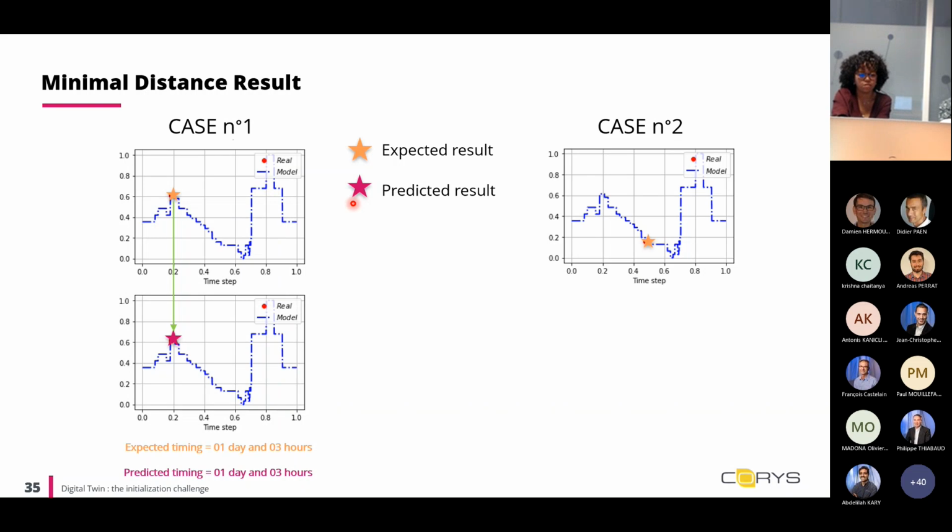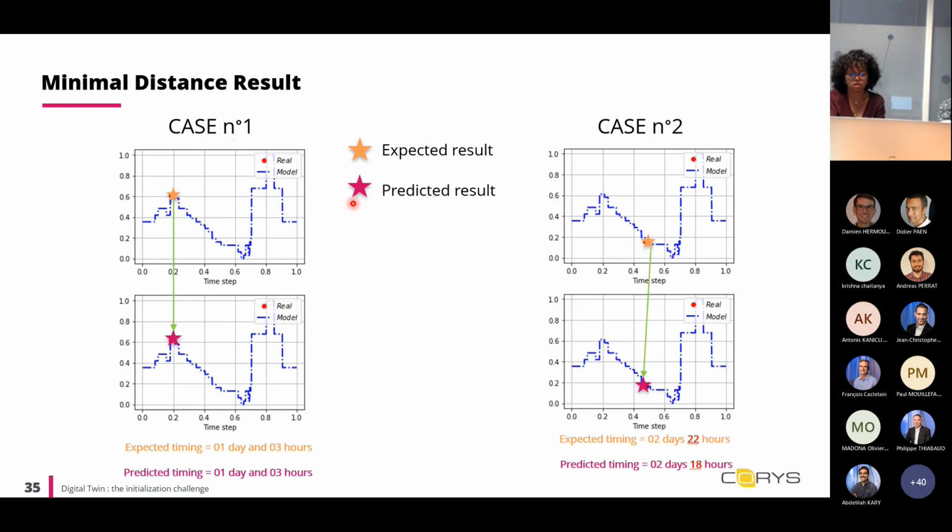We found to initialize Indus Plus exactly the same snapshot that we were expecting to find on a validation case. So we were expecting snapshots around 1 day and 3 hours of the process, the plant data set we received, and we found exactly the same.